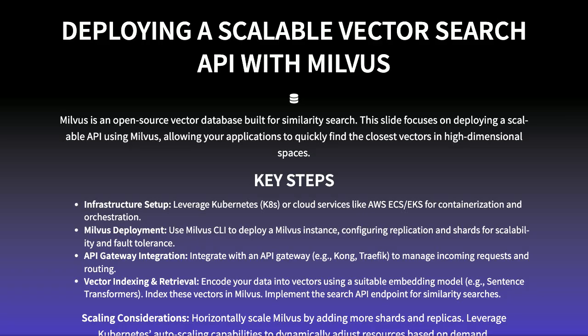Then, we deploy Milvus itself, making sure it's replicated and sharded so it can handle lots of data and stay reliable. We connect it all together with an API gateway that's like a front door for your application, and finally, we index our data into Milvus using embedding models, creating the search endpoint you can actually use.